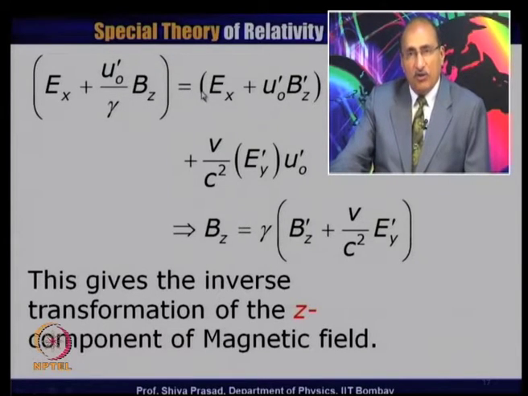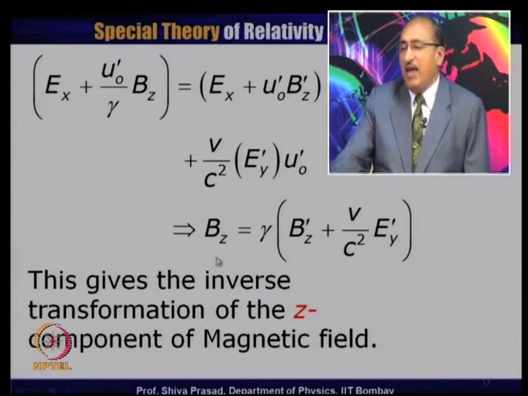This gamma I can take to the right hand side and multiply it. So, Bz will become equal to gamma times Bz prime, plus V by c square, which I have written here. U naught prime has already cancelled out, and this is Ey prime, which I have written here.